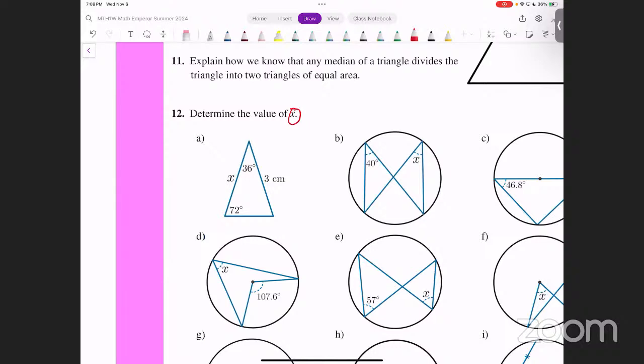So let's go back to Tavan. How would you be able to find out the side length? Because we didn't really learn any formulas except Pythagorean theorem. Tawan.